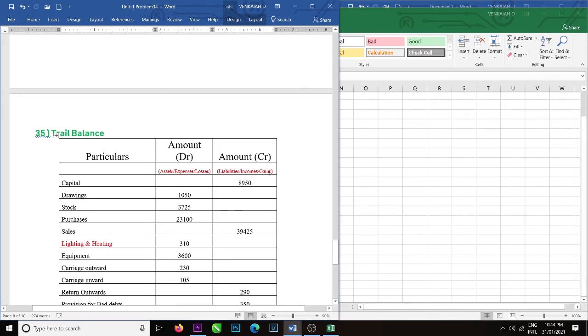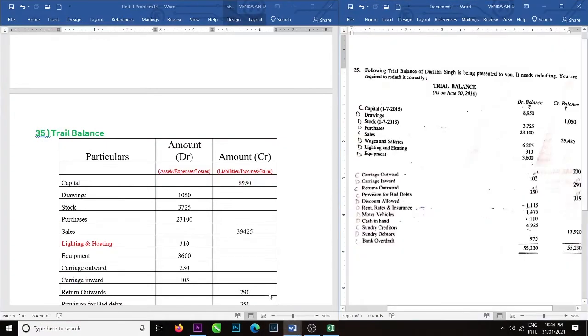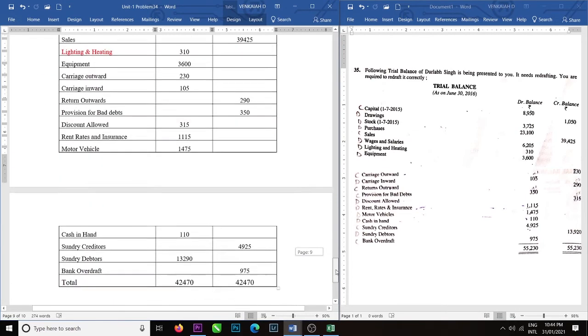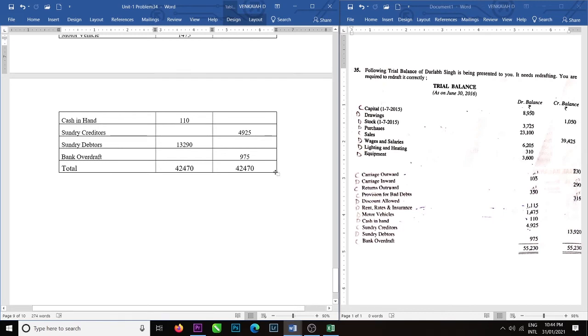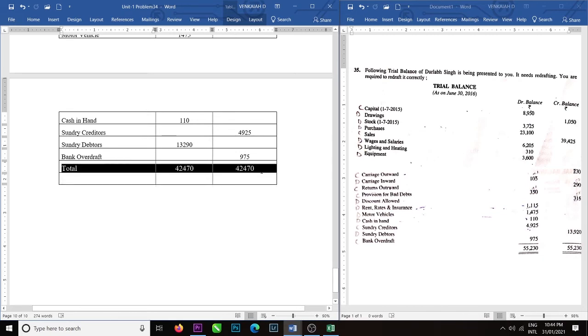Drawings 1050, stock 3725, 23100, 6205, wages and salaries. Wages and salaries 6205.